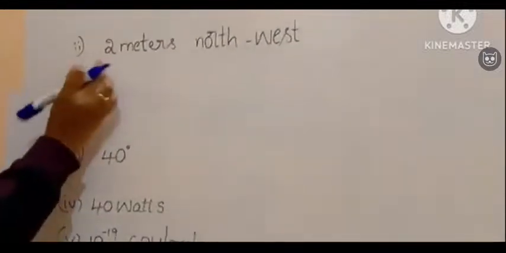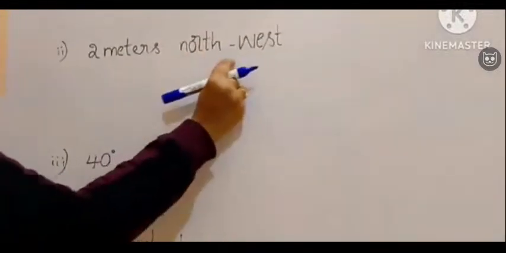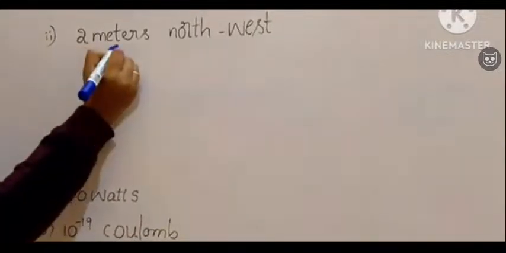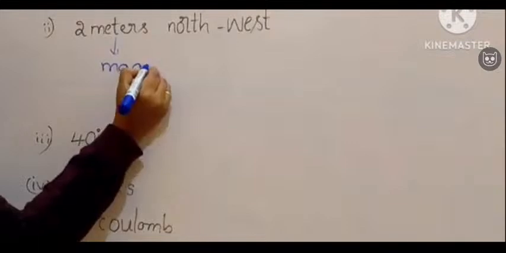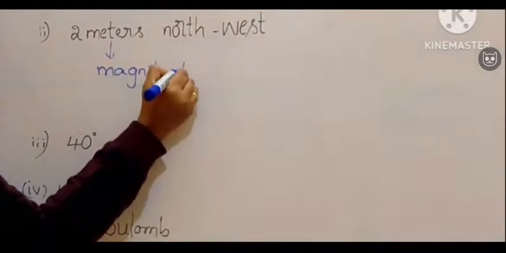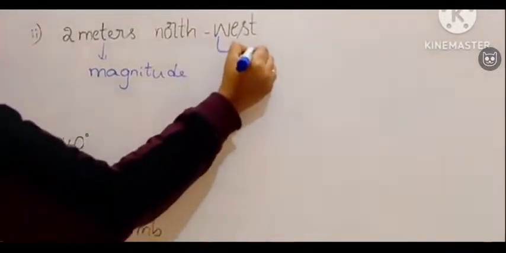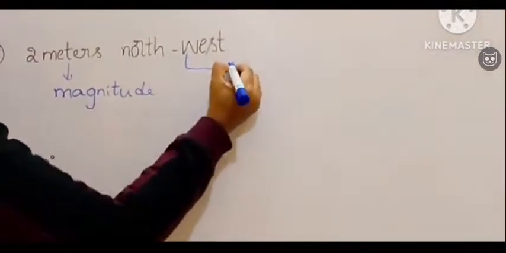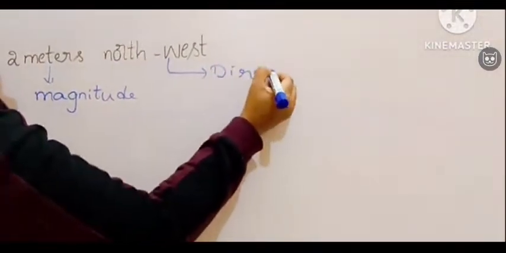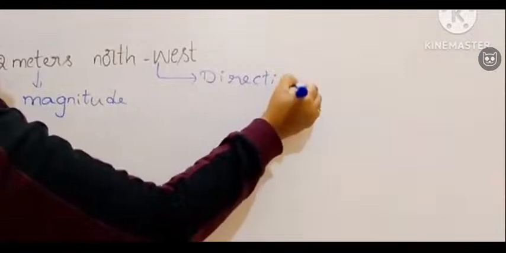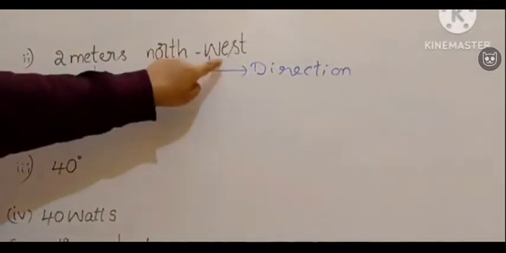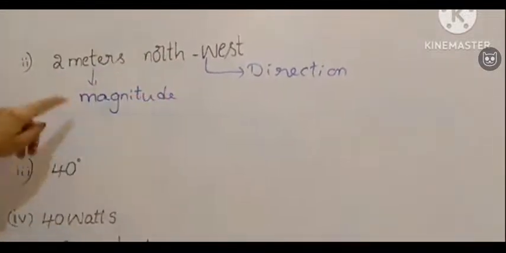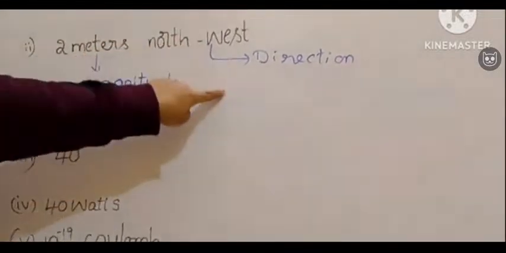Now go for the second question. The second question is 2 meters north to west. 2 meters, meters represent magnitude, and north to west represents direction. So this 2 meters north to west is a quantity having both magnitude and direction.